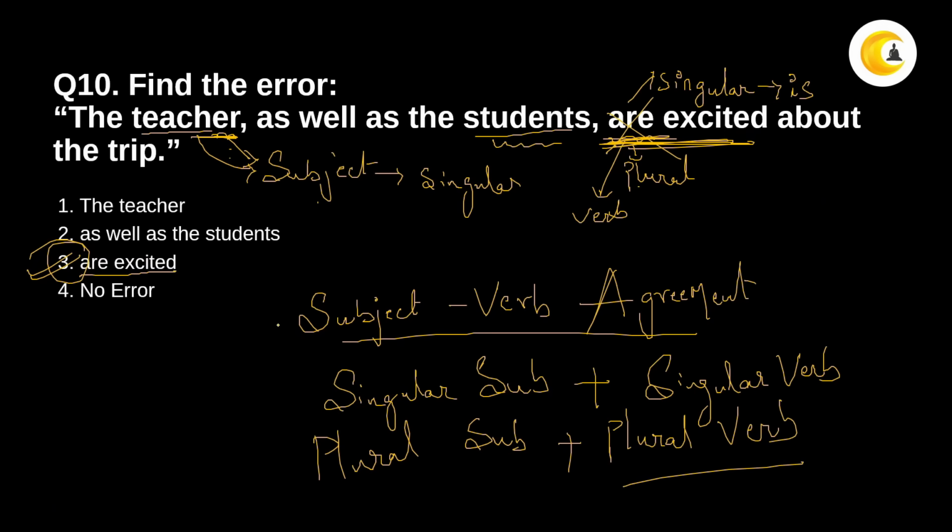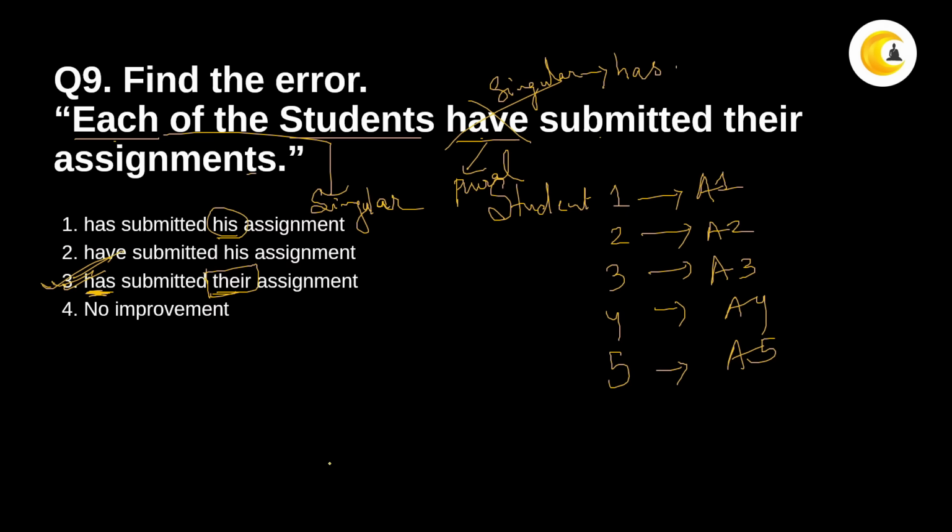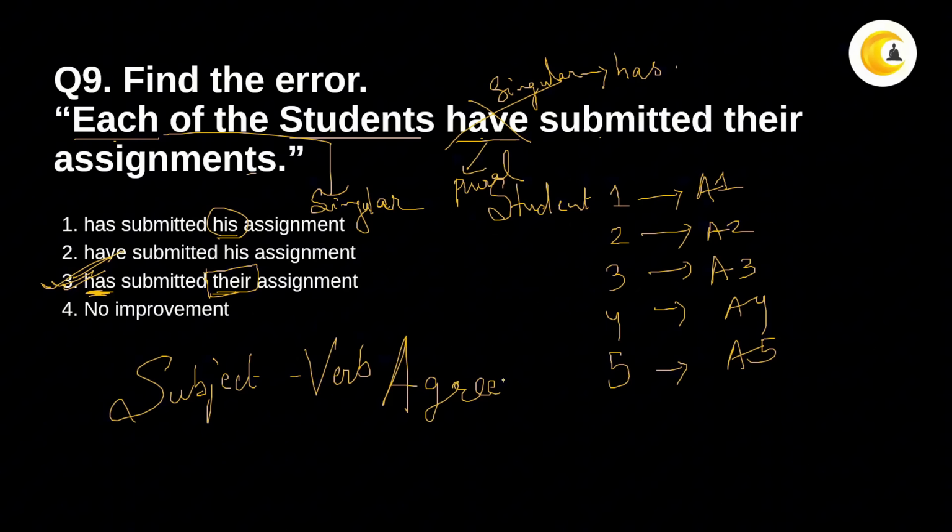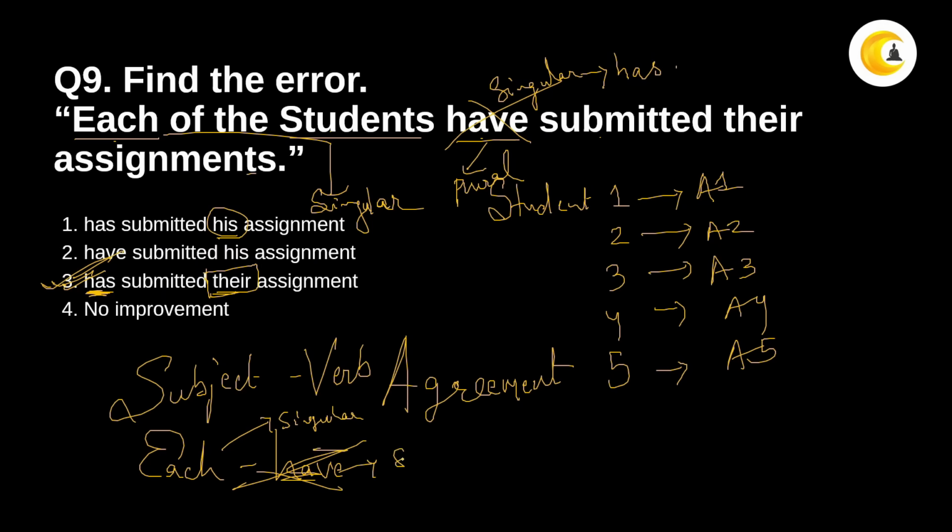Okay, this is the rule of subject verb agreement, and you must remember. And this question is also a part of the subject verb agreement. Okay, here our subject was each, and the verb used was have, which is wrong. Since the subject is singular, the verb too has to be in singular form, and that is why we changed it to has.